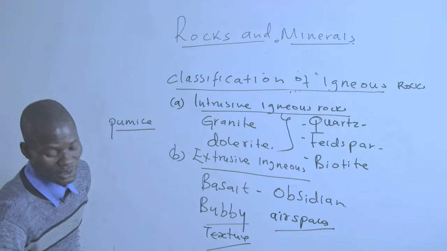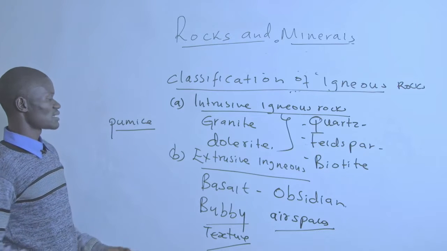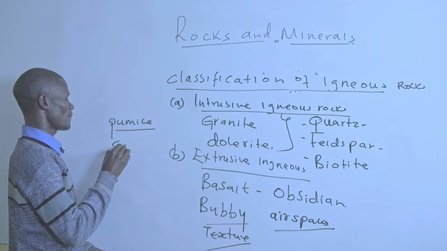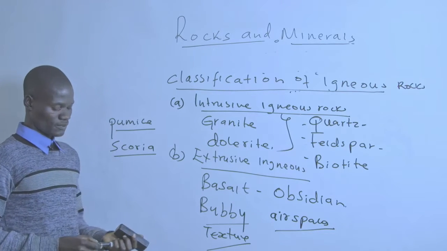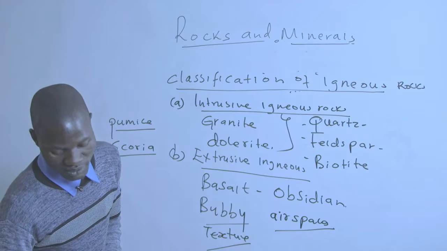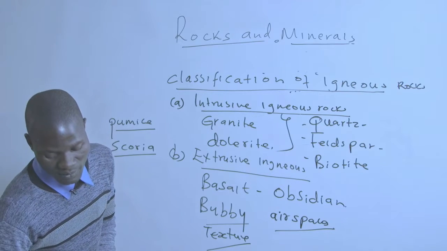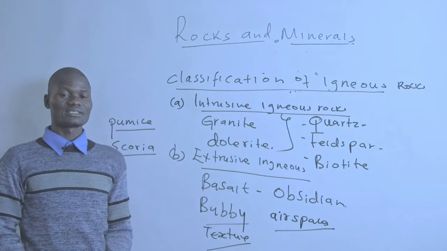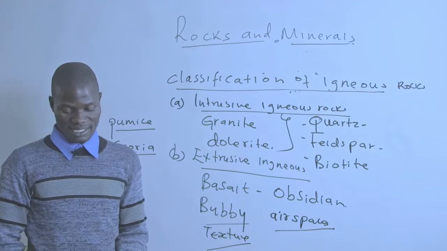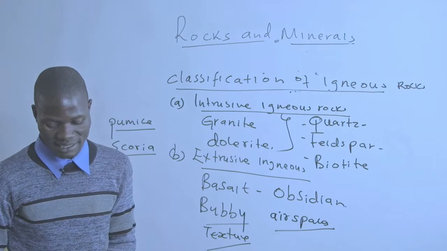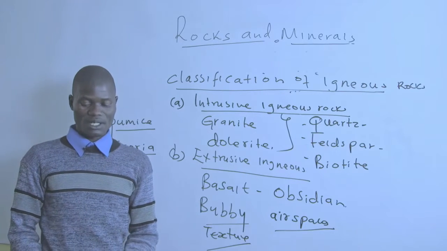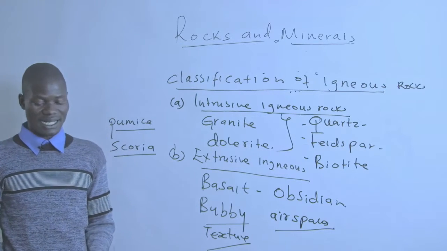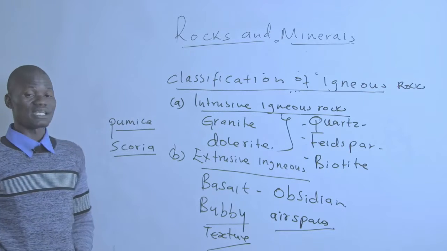Another one that we'll be able to identify is the scoria. Scoria is another type of rock that explodes out of volcanoes, especially during volcanic eruption, and it has got numerous holes, and it's very dark in color as compared to the pumice.